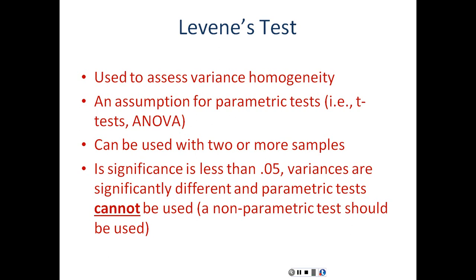You want them to be non-significant. Non-significant is telling me that they are similar. So if your significance is less than 0.05, your variances would be significantly different, and you would have to use a non-parametric test.